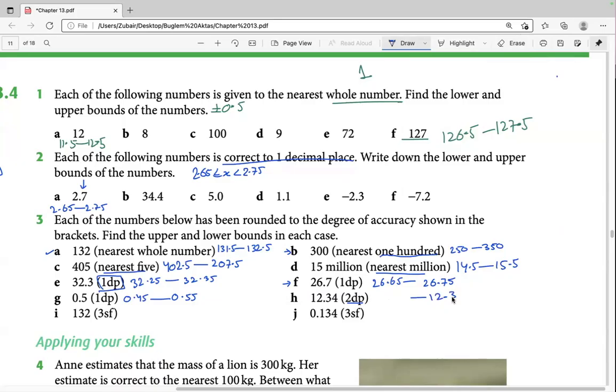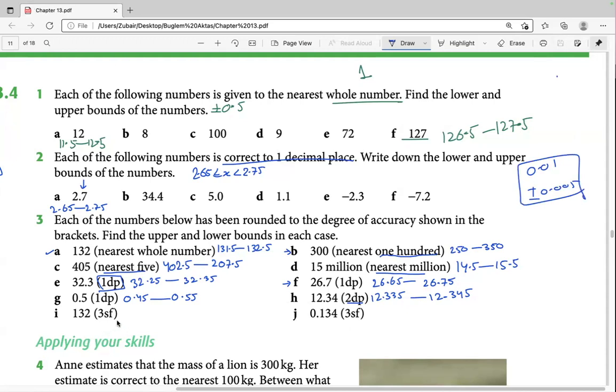So 12.345 and 12.335. Does it make sense? Yes, because it's two decimal places. So the difference would be 0.01, and half of which was 0.005 because of 2 dp.